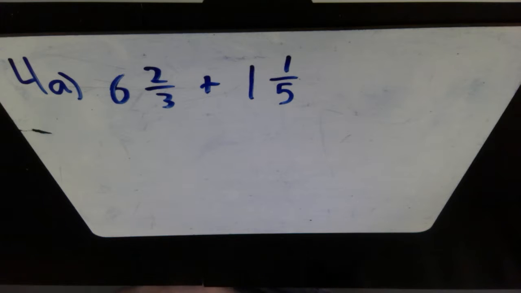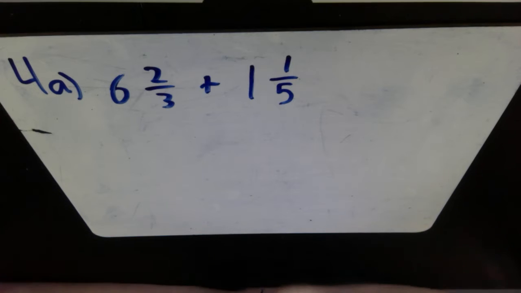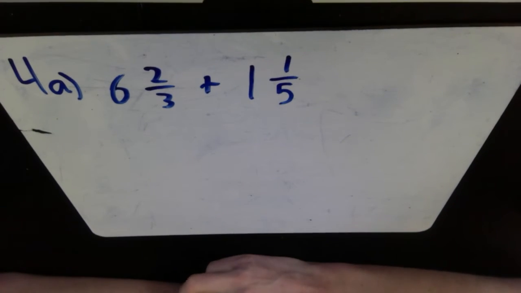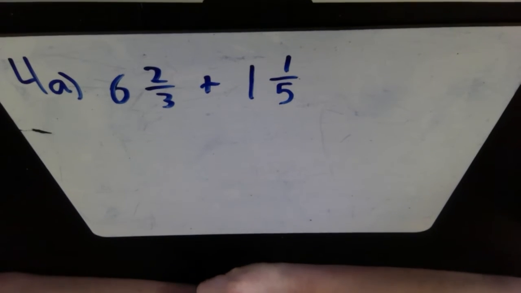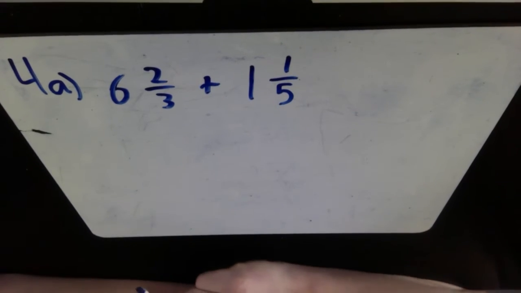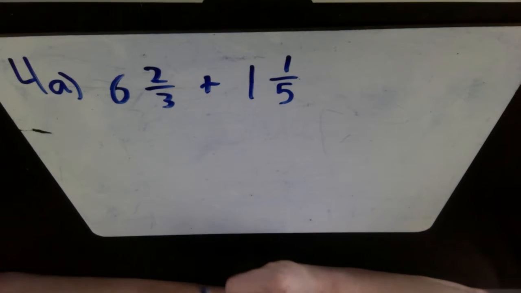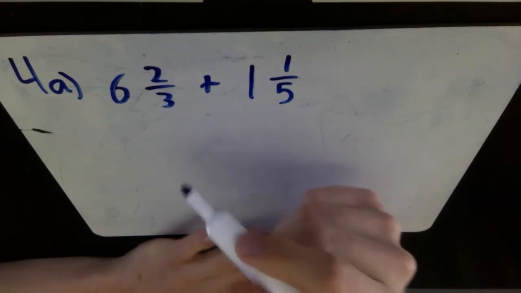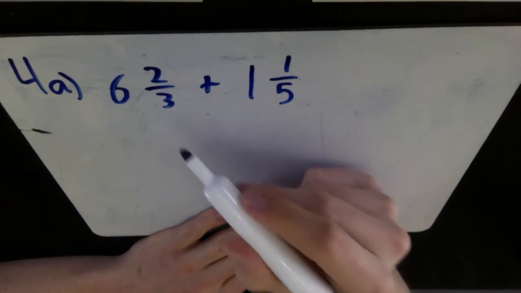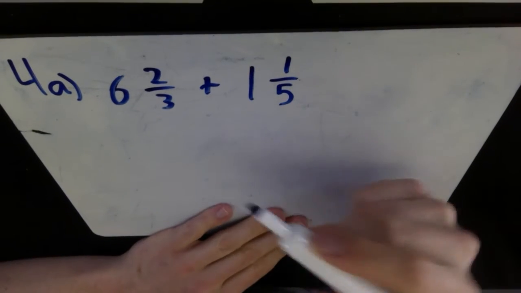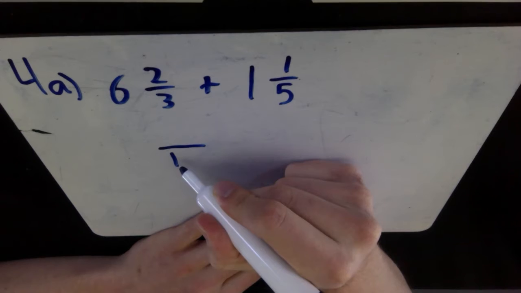One way would be to turn both of these into improper fractions, and the other way is to separate your whole numbers, and that's what I'm going to do here. If you did it the other way, that's fine, as long as we're still getting to the same end result. So, starting off, I'm looking for a common denominator between a 3 and a 5, and then I can write my new fractions.